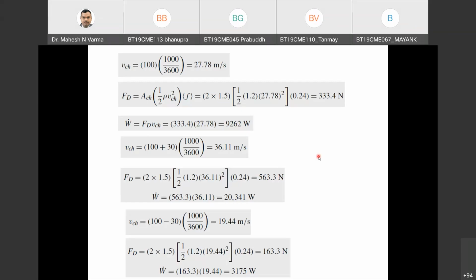So what is the next approach? It will be exactly similar to what we did in molecular transport. Initially we discussed three laws: Newton's law of viscosity, Fourier's law of heat conduction, and Fick's law of diffusion.